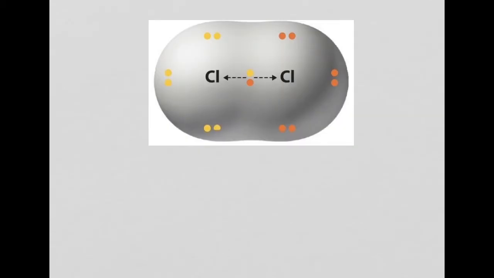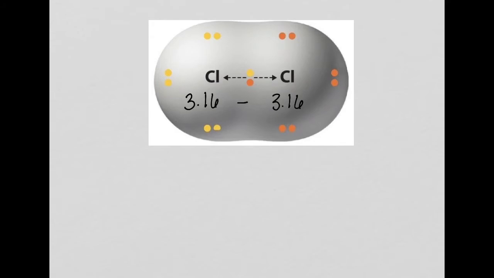I looked it up for you and found out that chlorine has an electronegativity of 3.16. Because I have two atoms of chlorine in this molecule, I'm just going to label them: chlorine and chlorine.